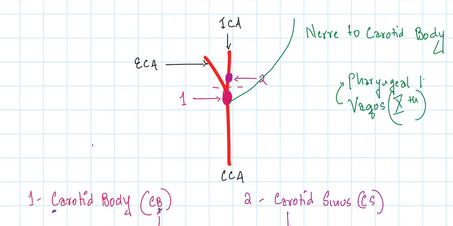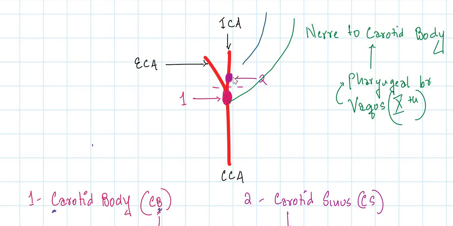The pharyngeal branch of vagus forms the nerve to carotid body, and it is supplying the carotid body. However, on the other hand, there's also another nerve.